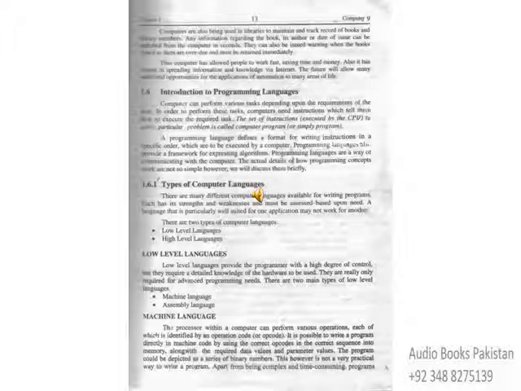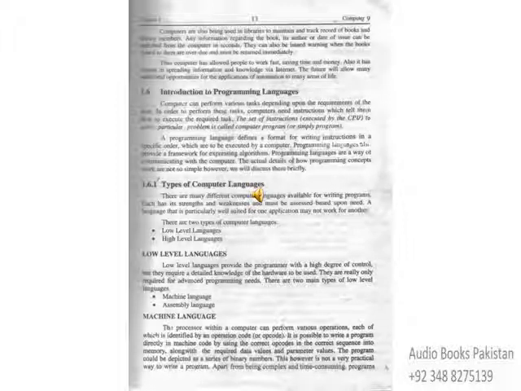Thus the computer has allowed people to work fast, saving time and money. Also it has helped in spreading information and knowledge via the Internet. The future will allow many additional opportunities for the applications of automation to many areas of life.